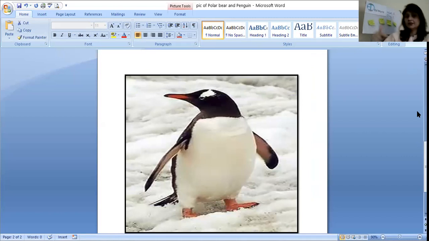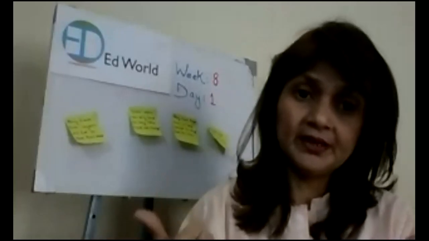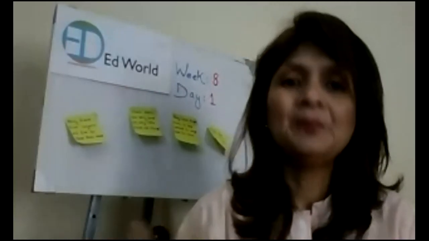They also have small ears, so only very little heat escapes from their ears. Then you can see how huge their paws are. Again, they have white color which helps them to blend into the surroundings. So same goes for polar bear, same goes for penguin.